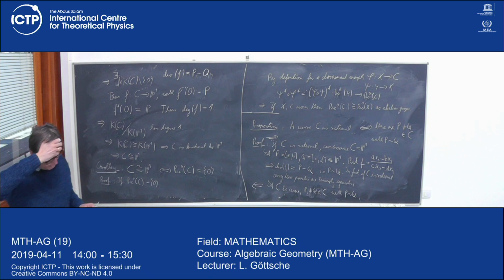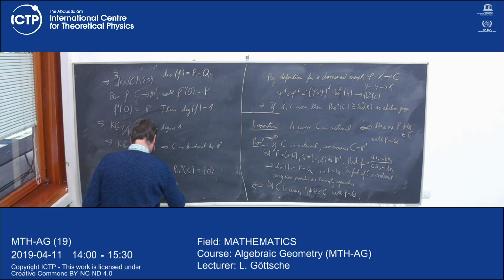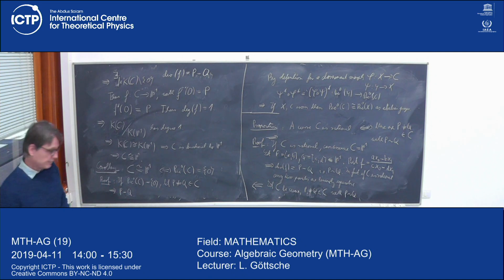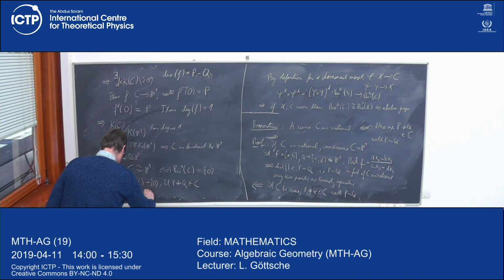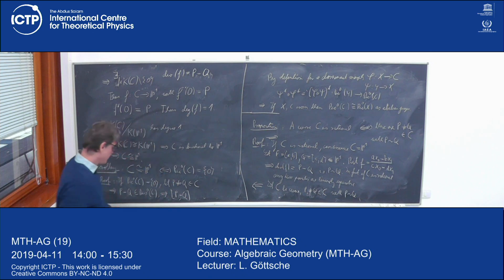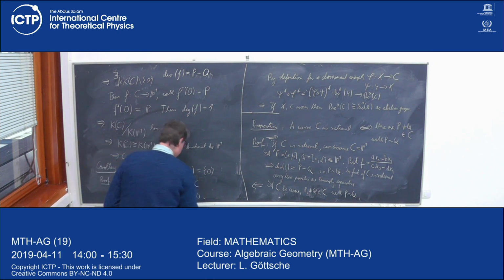So we take two different points in C. Then it follows that P minus Q is a divisor, so an element in Div^0 of C. So if I take the class of P minus Q modulo linear equivalence, this is equal to 0 as a linear equivalence class. So it follows that P is linearly equivalent to Q.